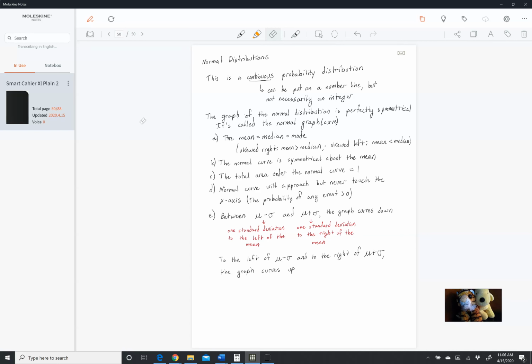The inflection of the graph is changing. The curve of the graph is changing. So I'm going to write that here too.